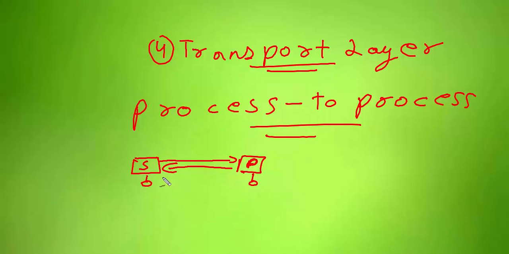But now we are talking about process to process communication, so machine to machine is not our concern for now. But still, take an example. Let's say on a particular machine we are running some application which is trying to connect to a corresponding process, maybe the same application.